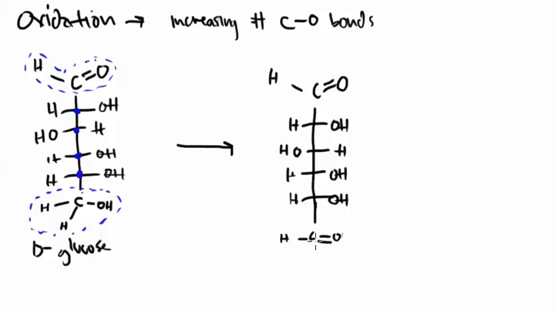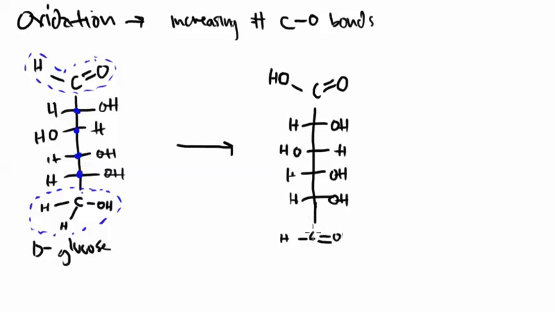Well, we increase the number of C to O bonds by creating the C double bond O group down here at the bottom. But that's not the only C to O bond that gets increased, because actually these oxidation reactions will take this aldehyde group and it will sandwich an oxygen in here as well. So now we get this carboxylic acid functional group that shows up.